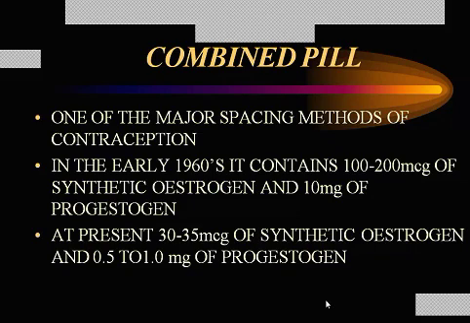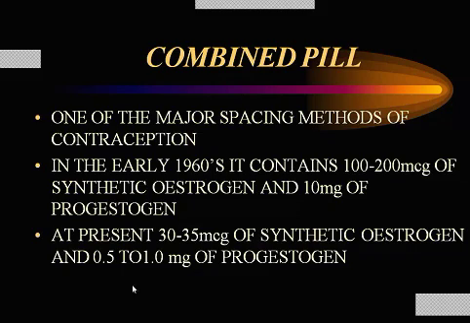Later, several modifications were made, and presently these oral contraceptive pills contain only 30 to 35 micrograms of synthetic estrogen instead of 100 to 200, and 0.5 to 1 milligram of progesterone.